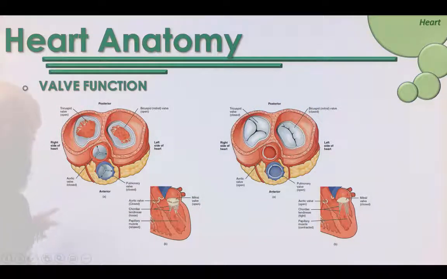Here we have, this is anterior, posterior. This is the top of the heart. And they've basically cut through the atria. So we're kind of looking down and seeing the AV valves, the tricuspid on the right and the bicuspid on the left. And then we see this is the aorta, and that's the pulmonary vein.